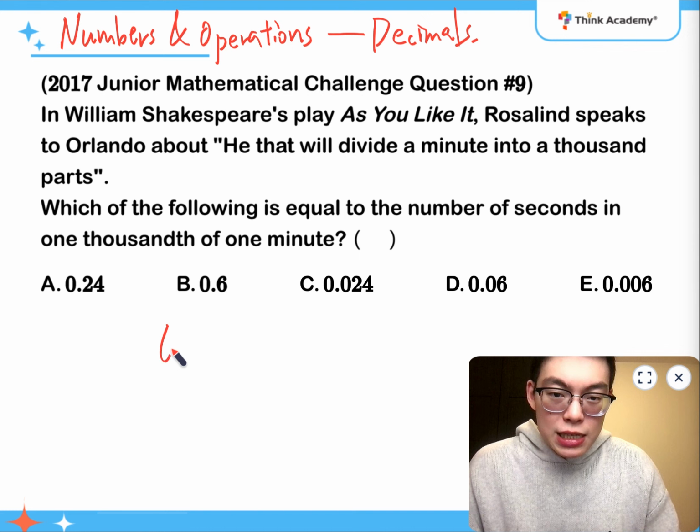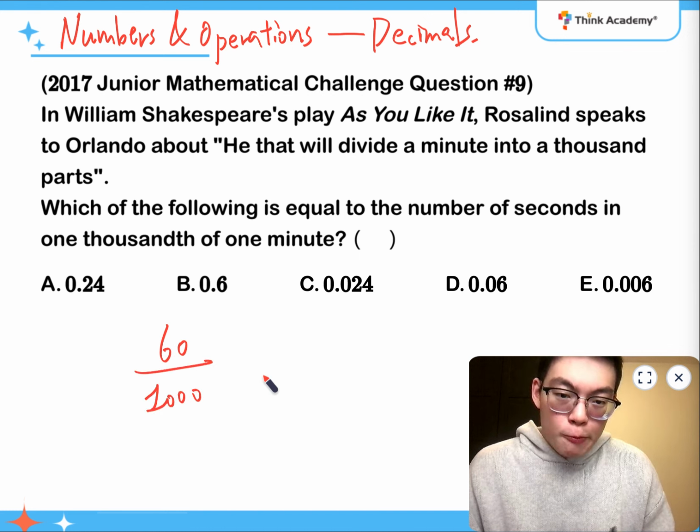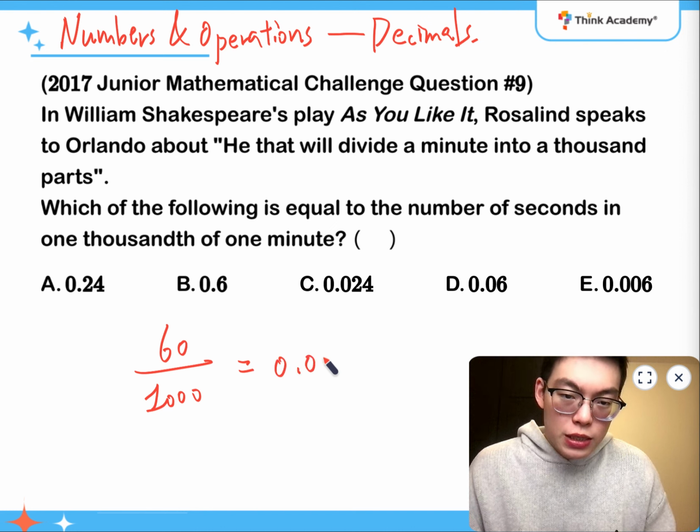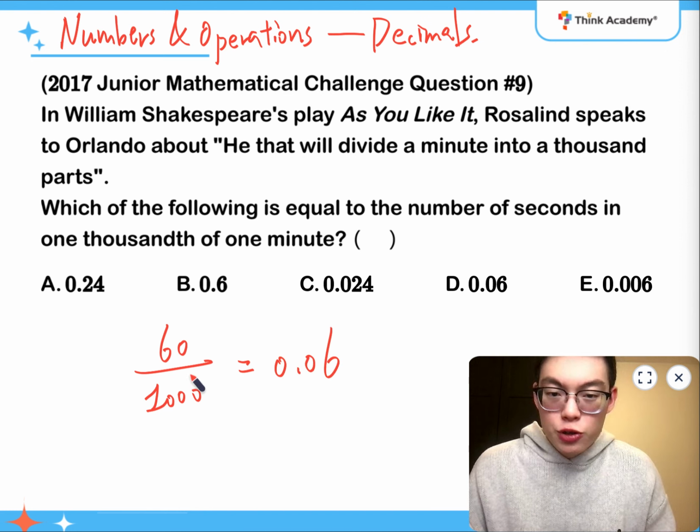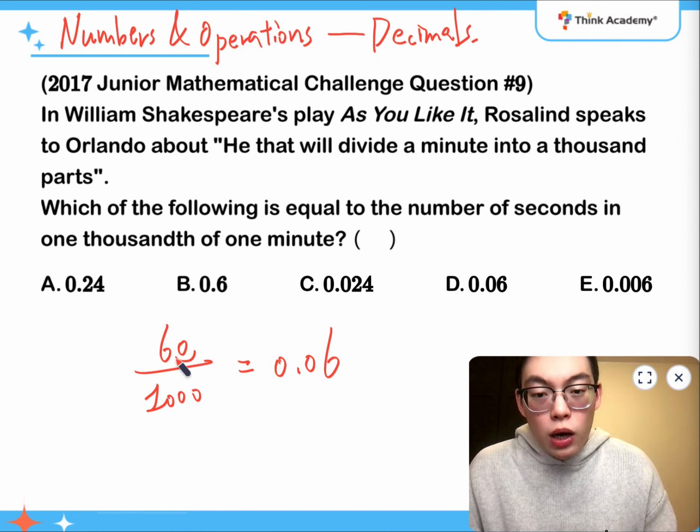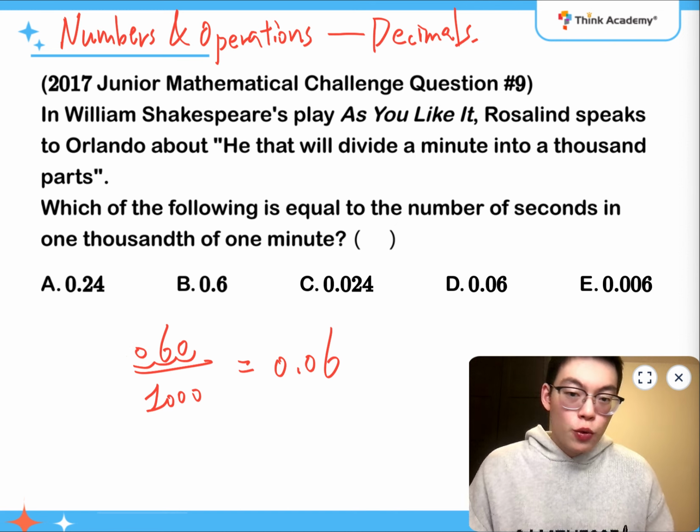A minute has 60 seconds. Divided by 1,000, that's equal to 0.06. You just move the digit 1 from there 1, 2, 3 times. And there you go, right? So that's how we can do it.